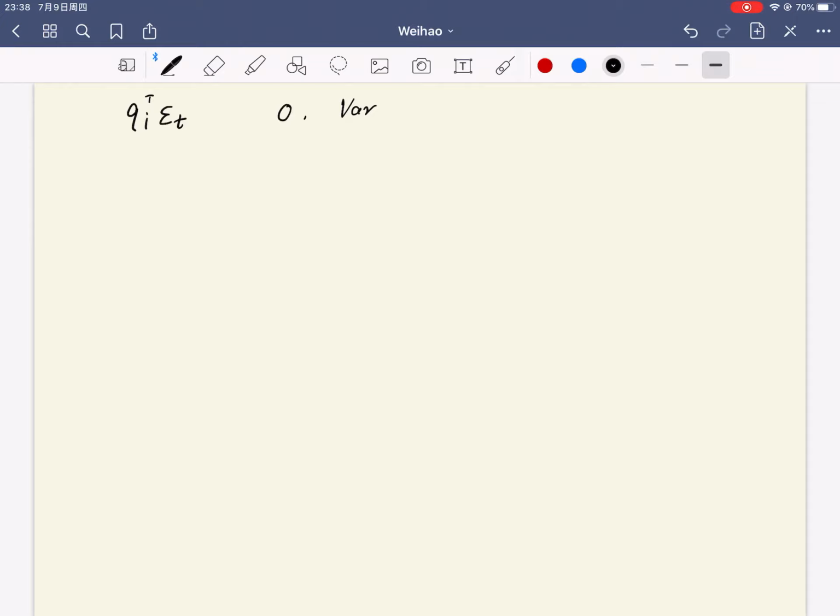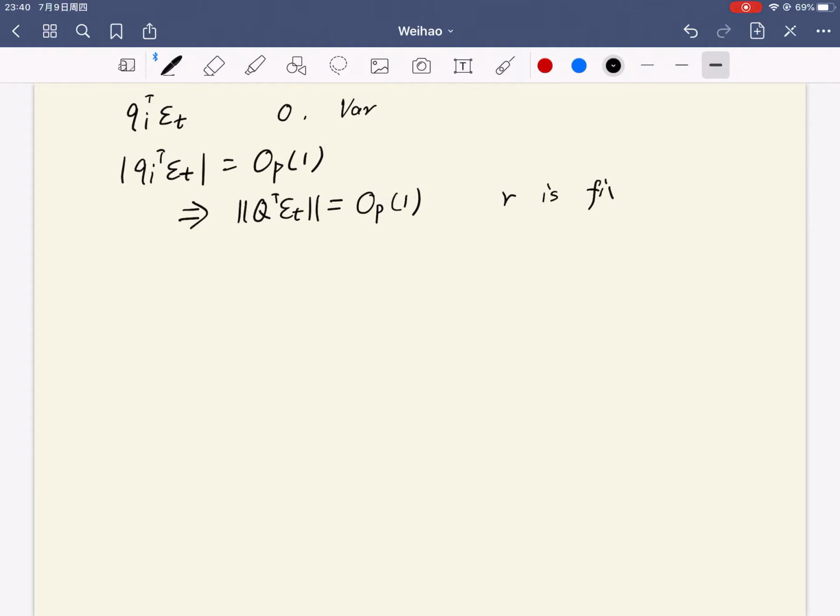So it has order 1, which is a very easy exercise. Then we get that this is also of order 1 because R is a fixed constant.